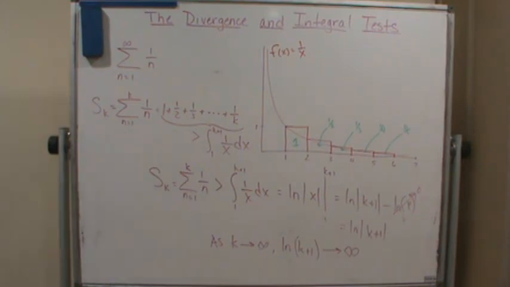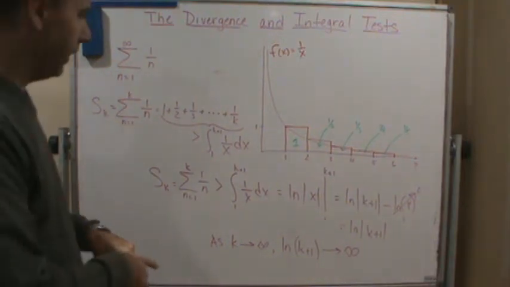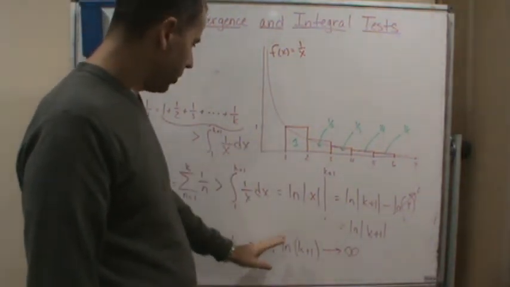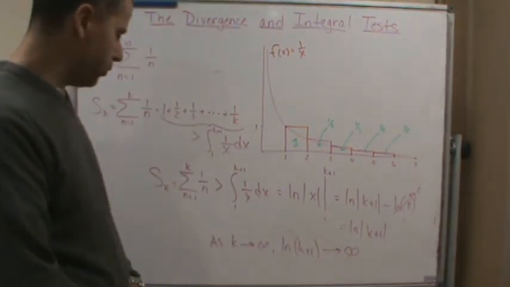Now, since the limit of the natural log of k plus 1 equals infinity, therefore doesn't exist, we see that the sequence of partial sums is unbounded. So the integral is going off to infinity.